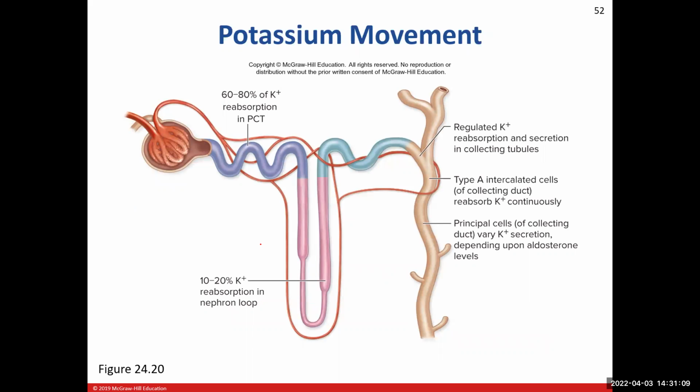So here we can see potassium movement: 60 to 80% resorption in the proximal convoluted tubule, 10 to 20% in the nephron loop, and then depending on what's going on in the distal part of our nephron system, the collecting ducts and collecting tubules, we're dealing with our type A intercalated cells. They're going to be resorbing potassium all the time. And then what's going on with aldosterone will determine how much potassium is going to be secreted by the principal cells.